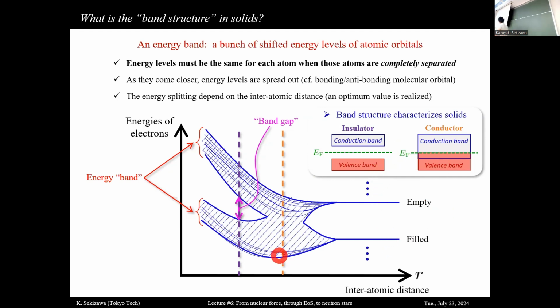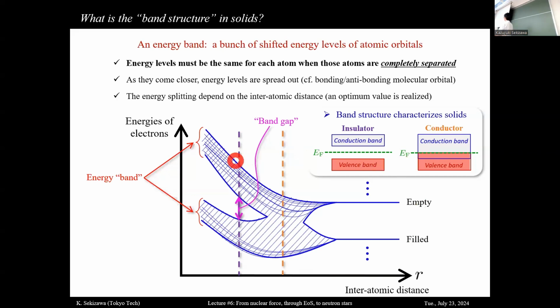So for instance, with this orange dashed line, if the optimal atomic distance was here, then as you can see, we do not have any band gap. So the situation is something like this, and electrons at this Fermi energy can freely conduct.